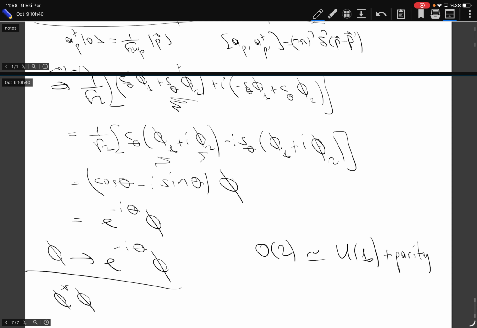So I wrote a theory which was invariant under rotating in this hypothetical two-dimensional real scalar space. But then I defined a complex field using my real fields. And for this complex field, the symmetry of rotating these two real fields into each other is actually just multiplication of this complex field by a phase. They are the same thing, basically.